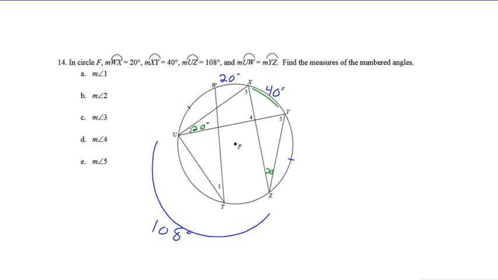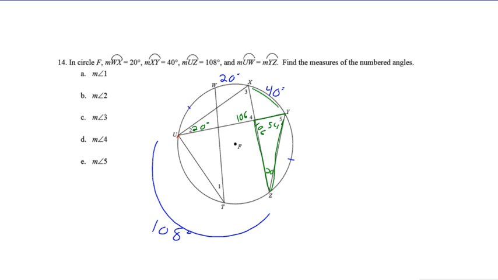We can also look at angle 5, which makes this arc when you turn the flashlight on, which means that angle 5 is half of 108, or 54 degrees. Then I'm going to use this triangle that has the 54 and the 20 in it to find out the missing angle, which will be vertical to angle 4. 106 degree angle.